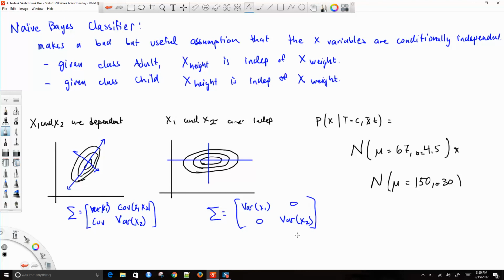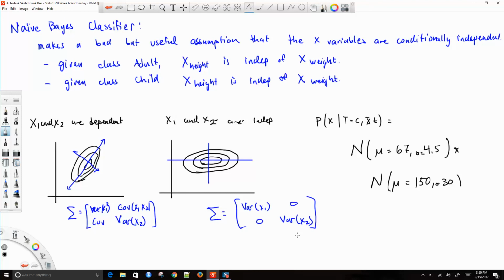But let's say you had 10 x variables. Then you would have a whole bunch of covariance terms: between x1 and x2, x1 and x3, x1 and x4, and so on. That's a whole bunch of parameters to estimate, and the more parameters you have, the more data you need to get accurate estimates. If you don't have that much data, your estimates are really going to be wonky.